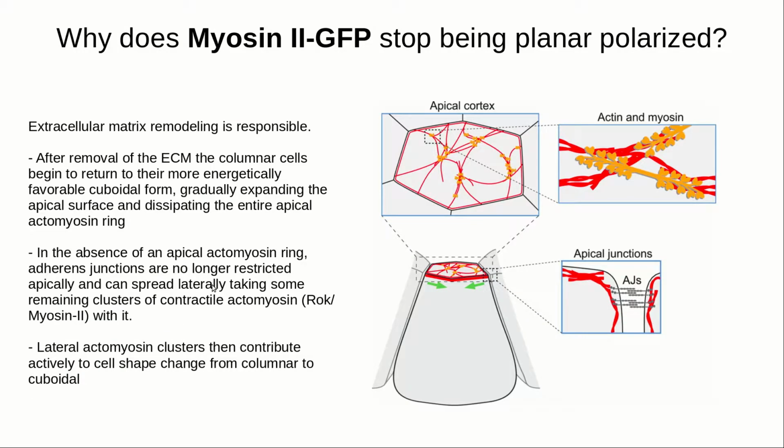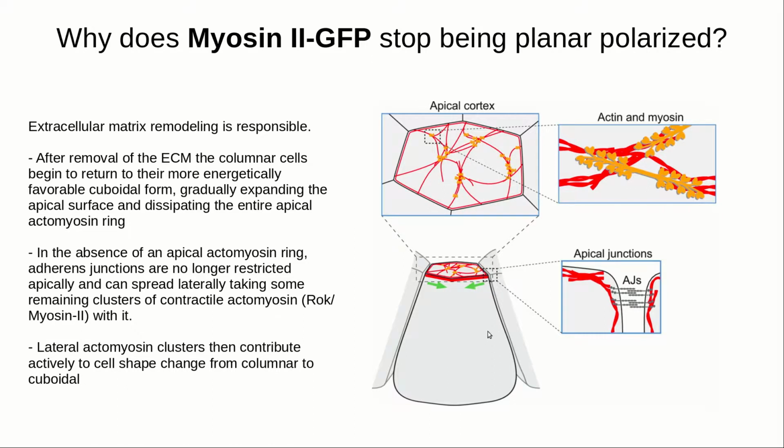So what is happening there really, and why does myosin 2 stop being polarized? Well, what has been proposed is that after the extracellular matrix degradation, these columnar cells become more relaxed.